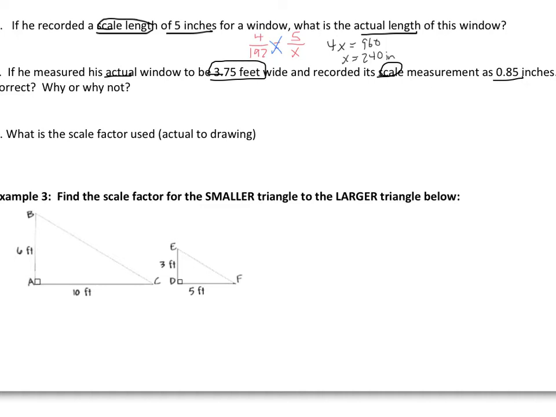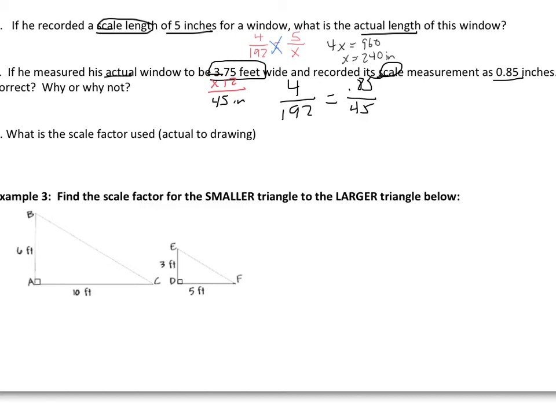One is I have a ratio of 4 over 192, and that's the same for every comparison. If I'm going to check that, I want to write down the ratio they give us, which is 0.85 for the scale, but I can't use 3.75 for the actual because that's in feet. So I'm going to have to take that times 12 and get the unit in inches, which is 45 inches. So I put 45 down here.